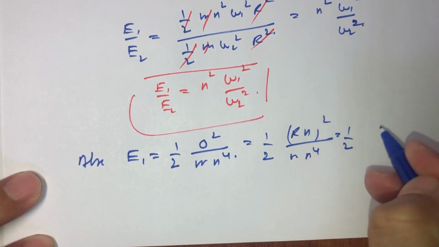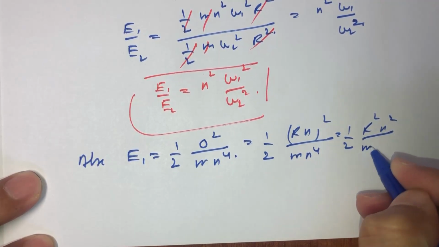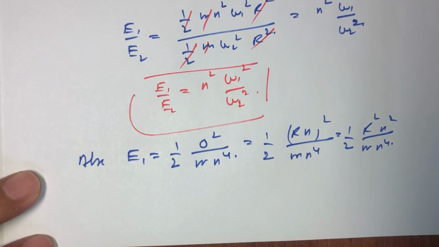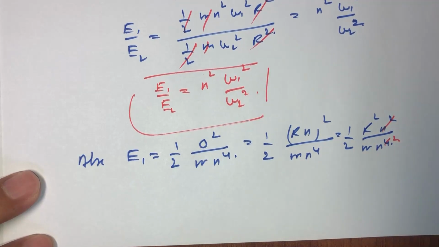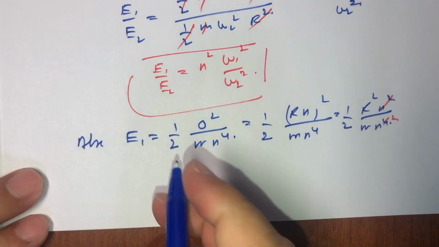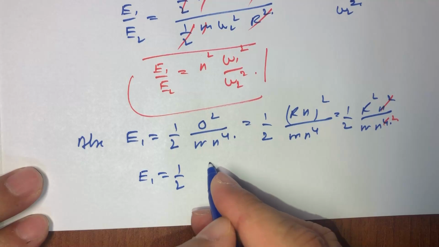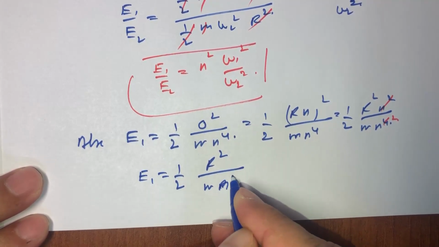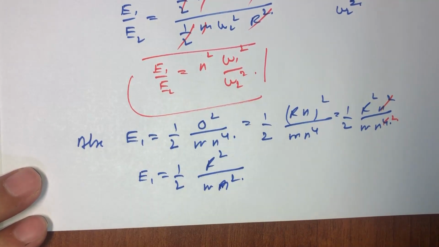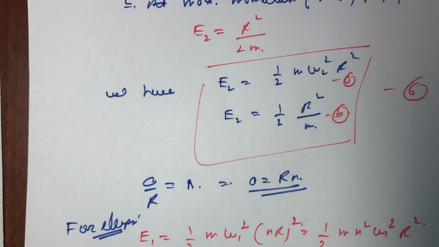So this becomes half r square n square, this is m n 4, and this goes by 2. So we are left with that E1 is equal to half r square divided by m n square, and E2 is given as half r square m.